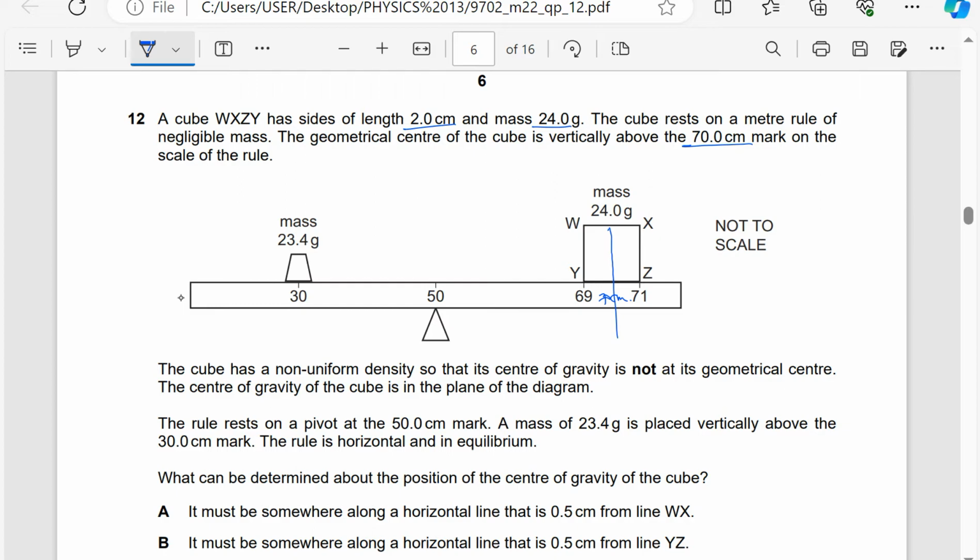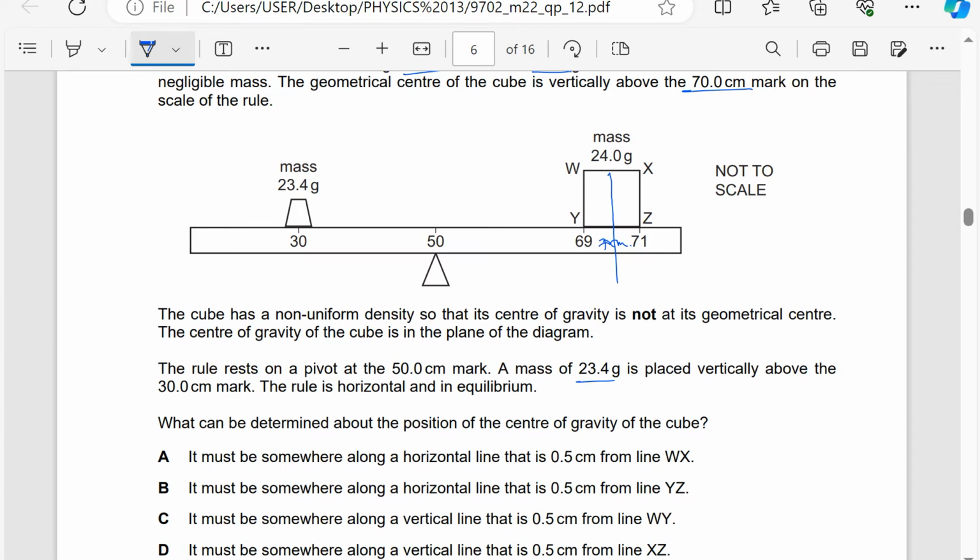Okay. The rule rests on a pivot at the 50 centimeter mark. A mass of 23.4 grams is placed vertically above the 30 centimeter mark. The rule is horizontal and in equilibrium. What can be determined about the position of the center of gravity of the cube?